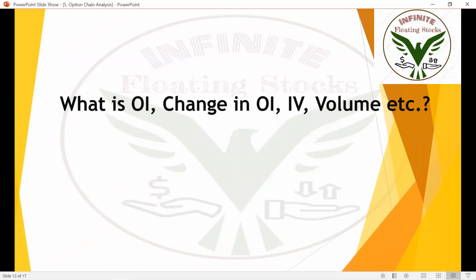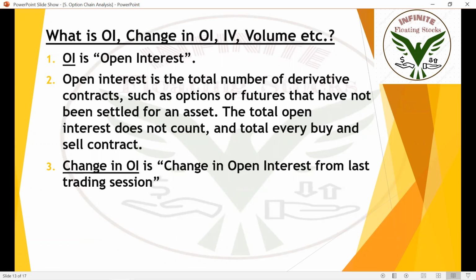What is OI? Change in OI and IV and volume. Simple. OI is open interest. This is the formal definition of OI: open interest is the total number of derivative contracts, such as options or futures, that have not been settled for an asset.